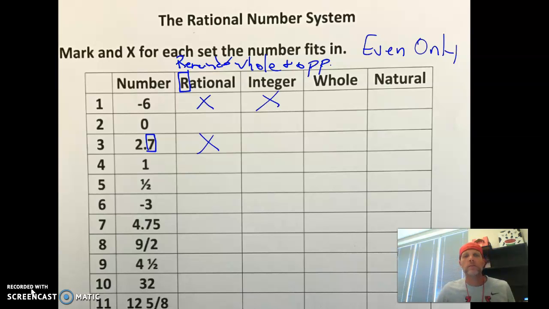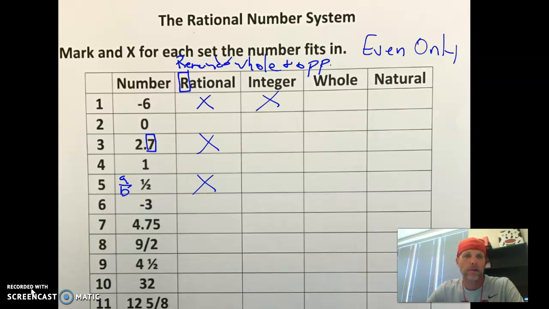Only rational. Number 5 is a half. Is that in the A over B form that we had talked about at the beginning of our journal notes? Yes, it is. So that's a fraction. And we also know every number is rational in 7th grade. Is it an integer? What's the opposite of a half? -half. Is that a whole number? Is half a whole number?